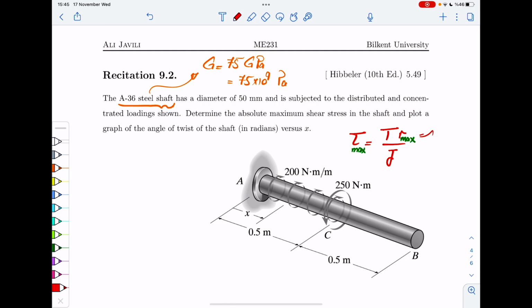And we said this R max, we just call it C in this case. And we know the diameter is 50 millimeters, so that C is just 25 millimeters. Okay, so we have that.